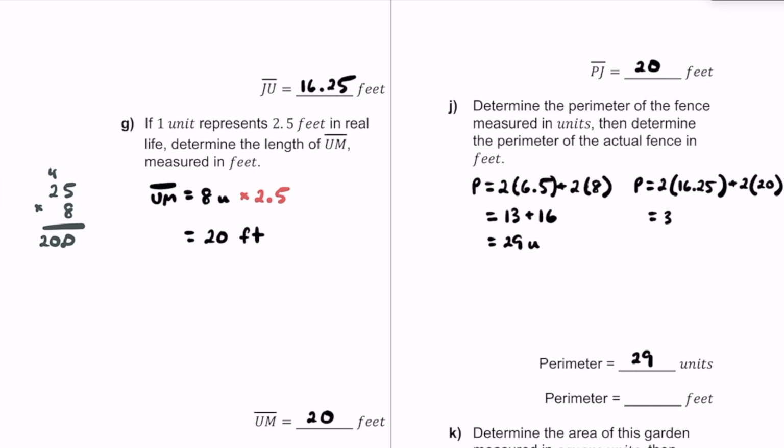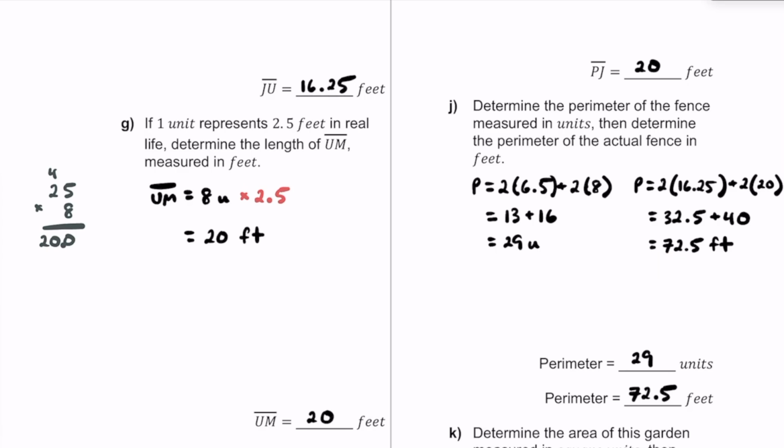If you double 0.25, it's 0.50. So we're looking at 32.50 or 32.5. Plus 2 times 20 is going to be 40. If you add these two together, we're going to get 72.5. I think that's going to be measured in feet, 72.5 here. And don't forget, this one was in feet, all right? So this was our perimeter in units, and this is our perimeter in feet.